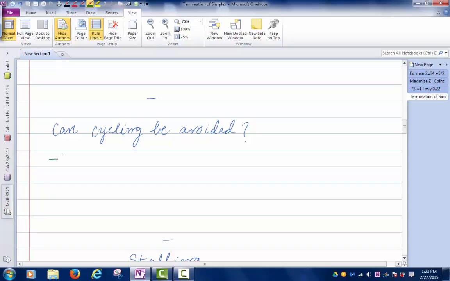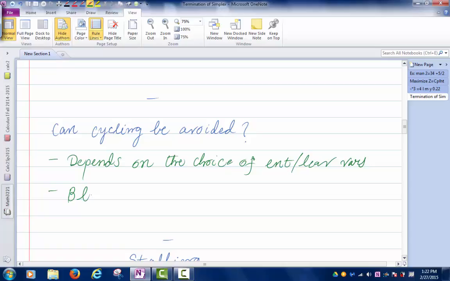Well, it turns out that cycling depends on the choice of entering and leaving variables, and it turns out that if you use Bland's rule, you can avoid cycling.